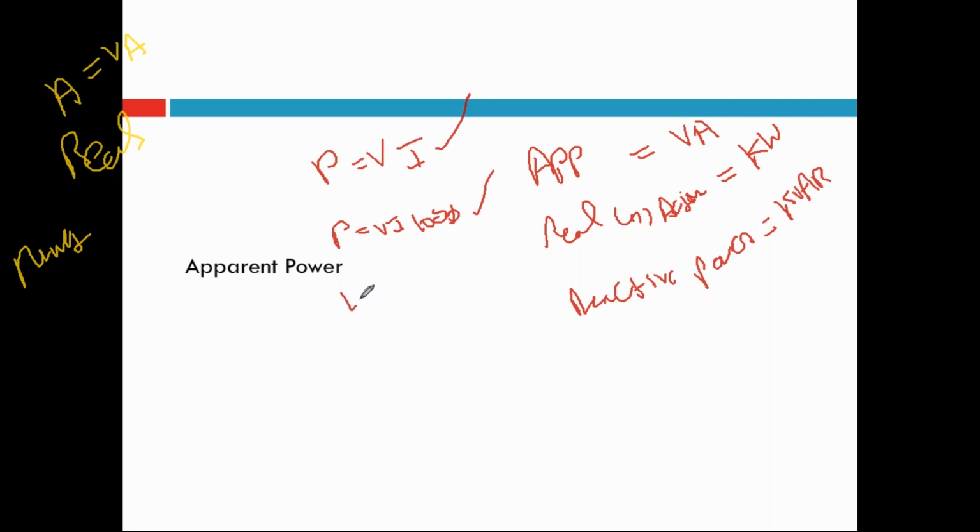And for reactive power, we denote it by Q, and its value is VI sin phi. So we have three types of powers: S is equal to VI, P is equal to VI cos phi, and Q is equal to VI sin phi. Now let us see how we can calculate these three types of powers in transformers.